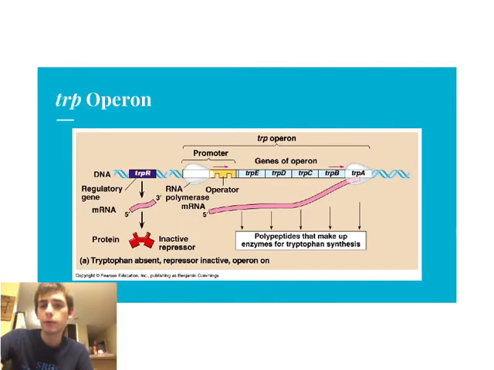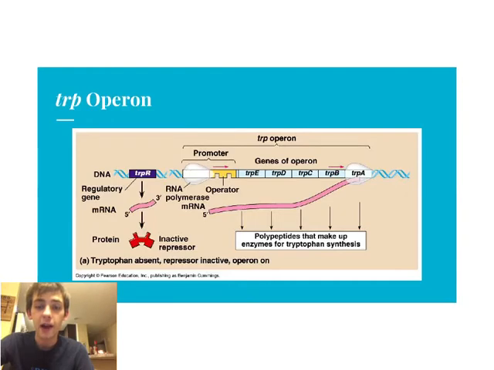There are two operon models that these scientists worked with. One was the tryptophan operon, tryptophan being an amino acid, and the other is the lactose operon. The tryptophan operon, also known as the trp operon, works whether tryptophan is present or absent. In the absence of tryptophan, the repressor is inactive, which means the operon is on.